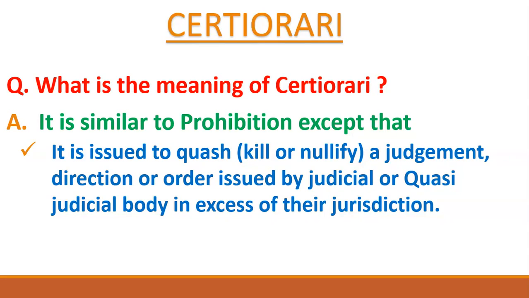So friends, when I was explaining the writ of prohibition, I gave you the example of a subordinate court that took a case which included the interpretation of the constitution. We all know that interpreting the constitution is not the power of a subordinate court, which means it is outside its jurisdiction.